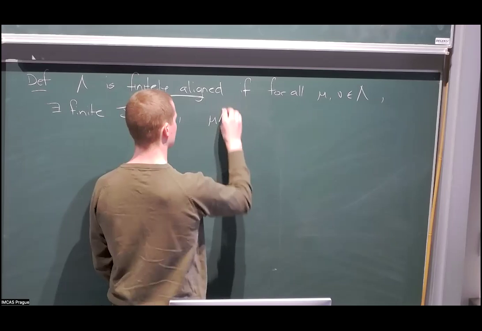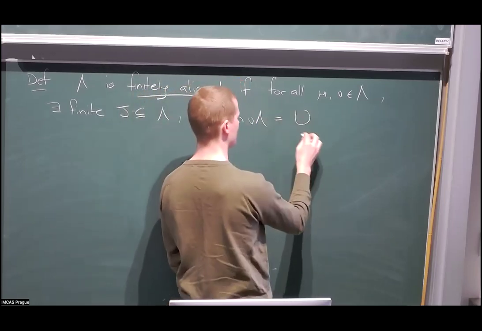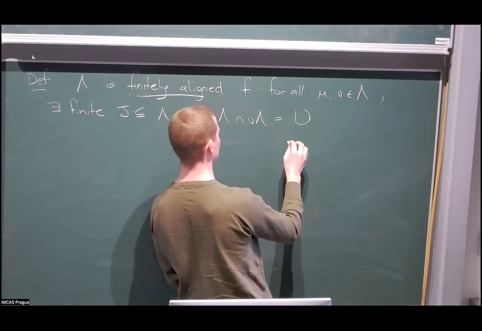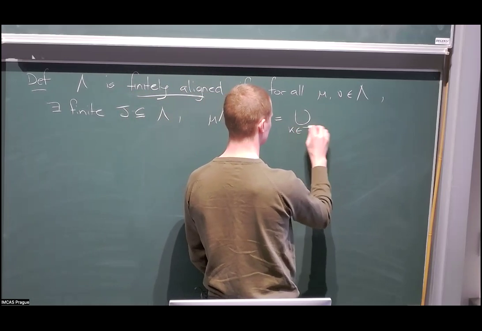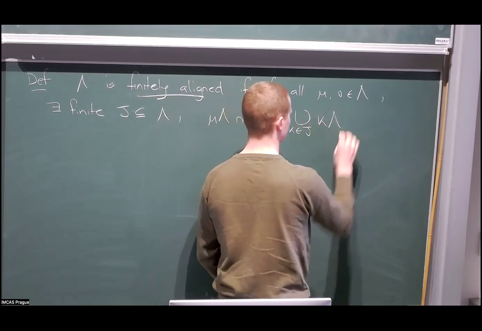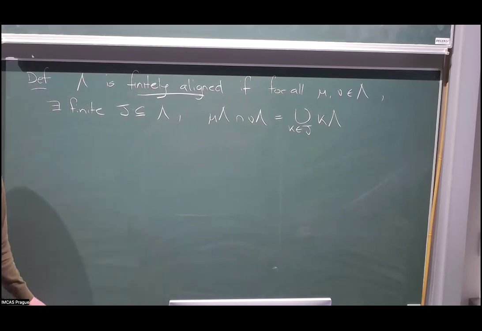Formally, common extensions of mu and nu are all in one of finitely many extensions of some finitely many paths in the graph.